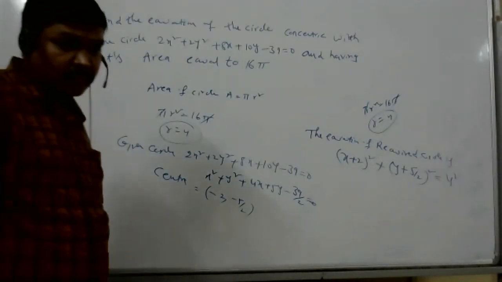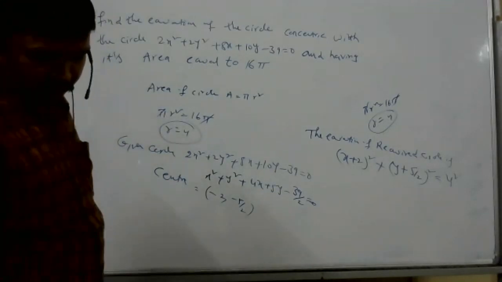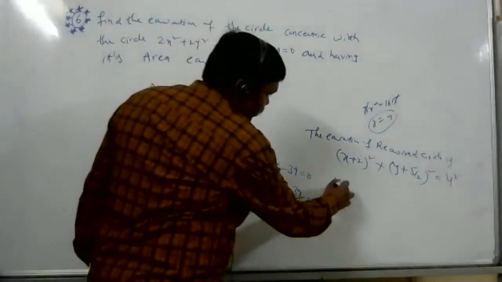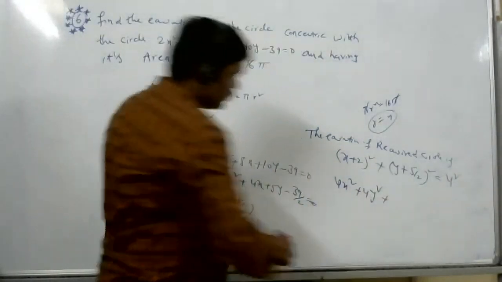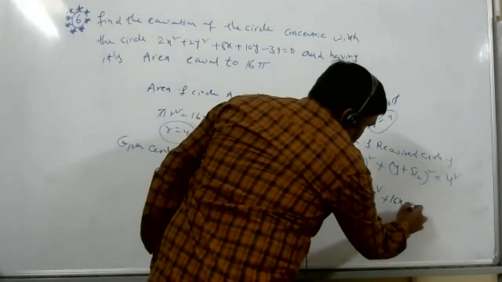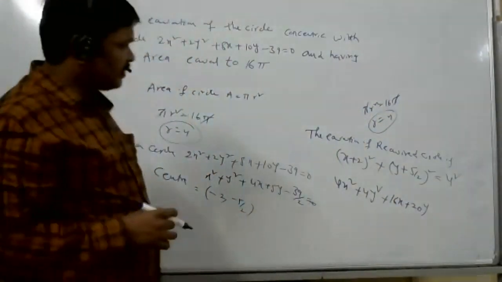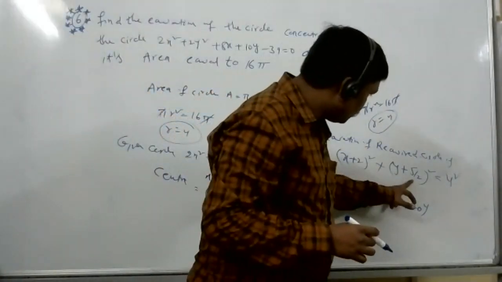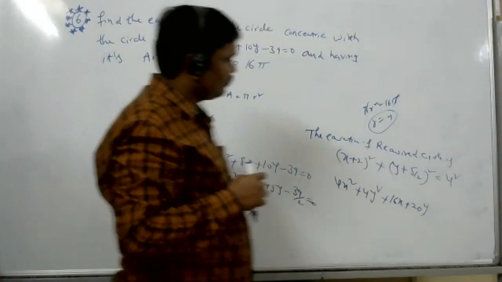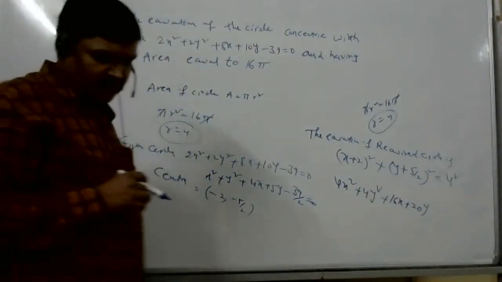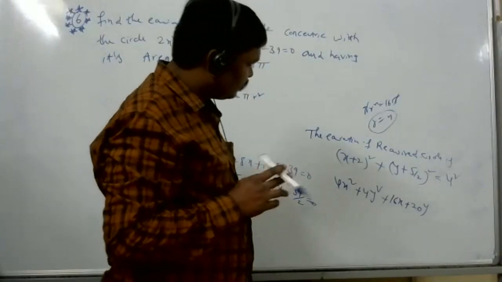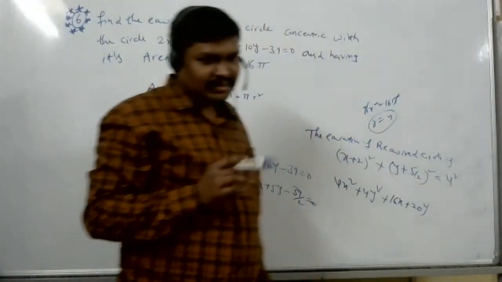Sir, is the answer 4x square plus 4y square plus 16x plus 20y minus 39? I got minus 39.